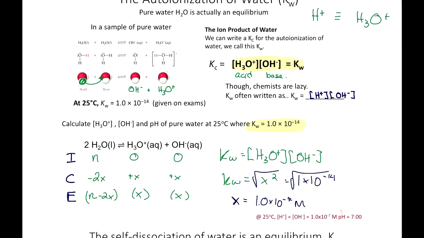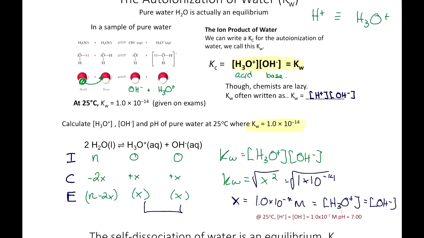Look at your ICE table, what is x? It is the concentration of your H plus at equilibrium, or sorry, I'll write hydronium. I won't be lazy yet. H3O plus concentration, and it's the concentration of your hydroxide. Both of those things are equal to x.